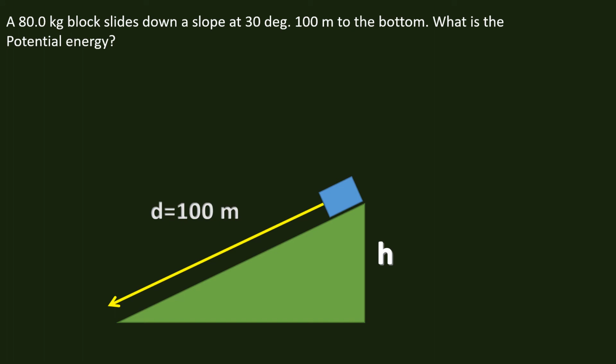Let's look at something on an angle, which is on a slope. We have a slope, and an 80 kilogram block slides down the slope at 30 degrees, 100 meters to the bottom. So we're given a displacement that is parallel with the slope. What is the potential energy?